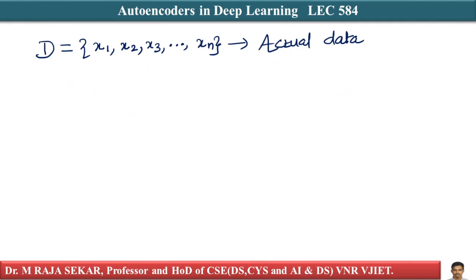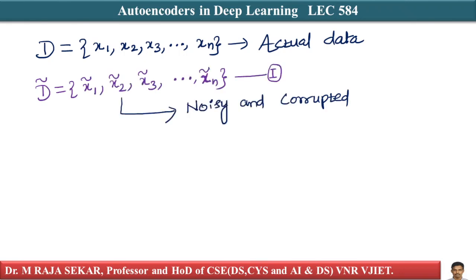Let's assume that the data we get is D tilde equal to x1 tilde, x2 tilde, x3 tilde, so on xn tilde. Let's assume this data is very noisy and corrupted. Now, if I want to achieve the true data, capital D, this is like removing noise from data.